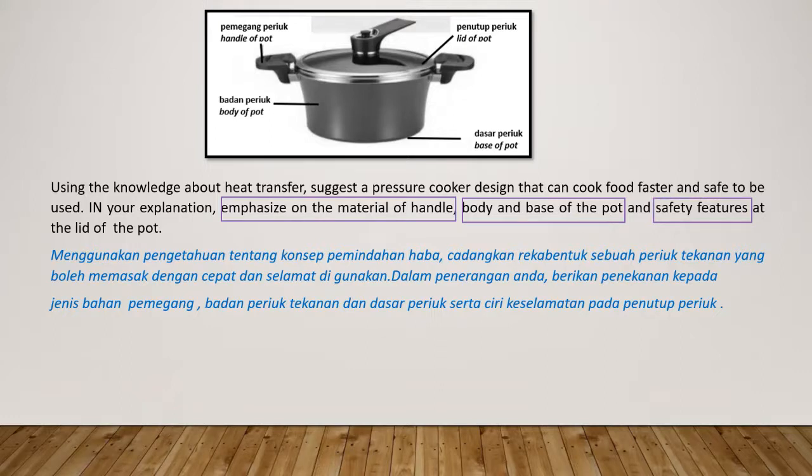Dengan menggunakan konsep pemindahan haba, cadangkan reka bentuk sebuah periuk tekanan yang boleh memasak dengan cepat dan selamat digunakan. Dalam penerangan anda, berikan penekanan kepada jenis bahan pemegang, badan periuk tekanan dan dasar periuk serta ciri keselamatan pada penutup. Dia ada fokus dekat sini pada penutup periuk.